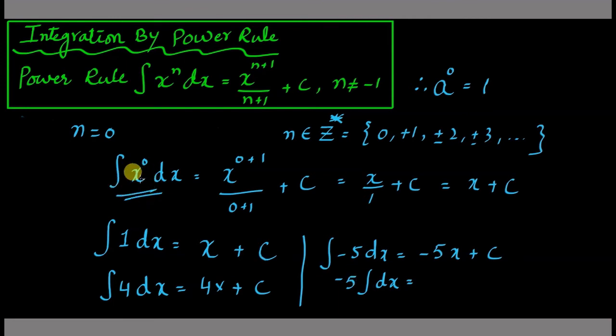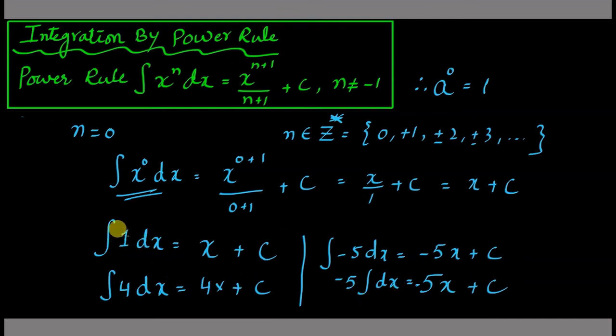You can see here this is just dx, since x raised to power 0 will be 1. So we are just integrating dx, and that will be x, then plus c.